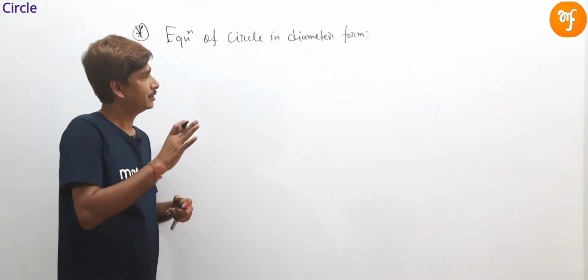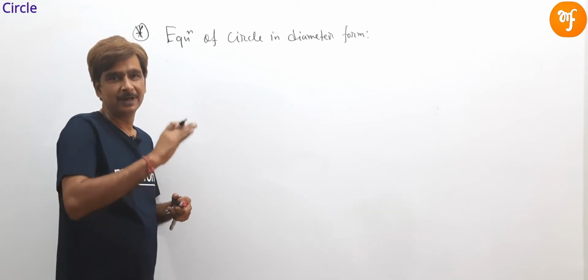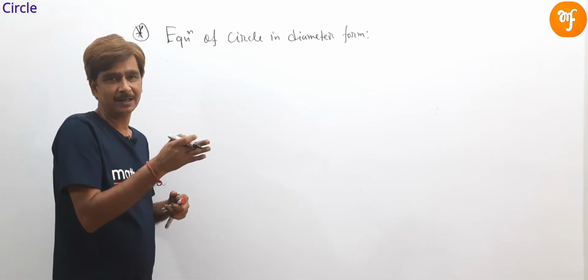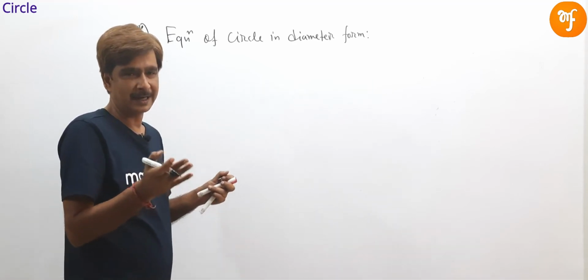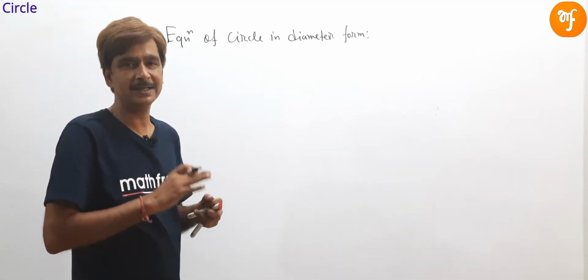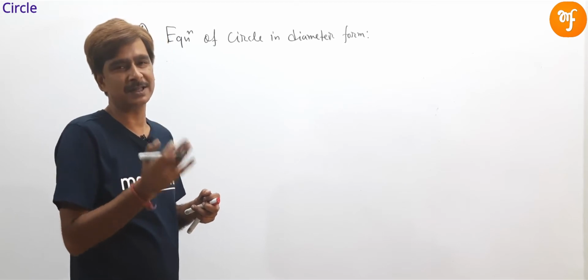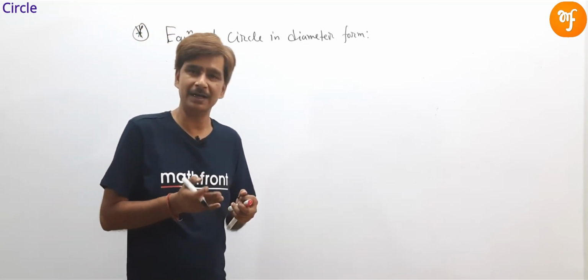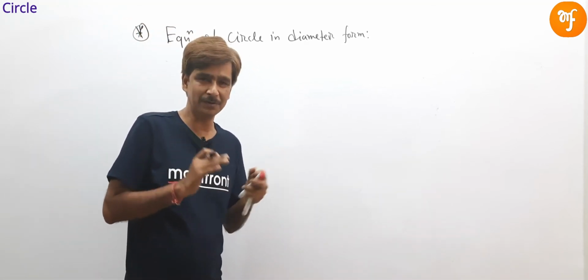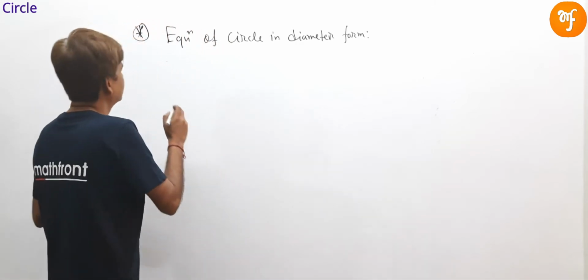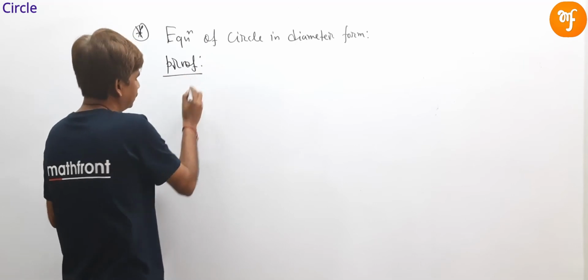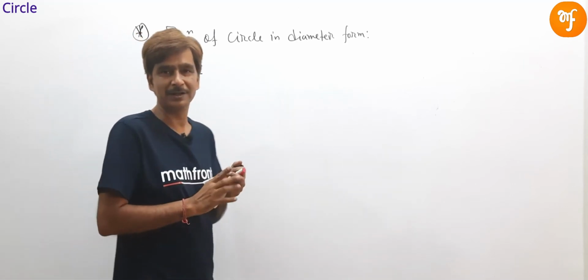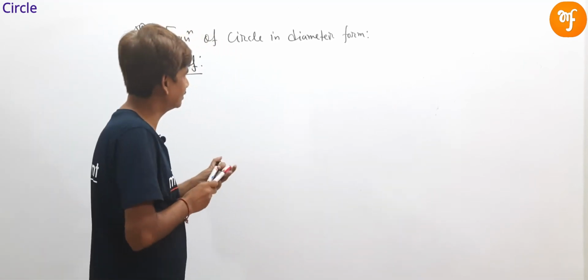Students, we are going to prove that the equation of a circle whose diameter has ends x1, y1 and x2, y2 can be written in the form x minus x1 into x minus x2 plus y minus y1 into y minus y2 is equal to 0. To prove this we will first draw a circle.